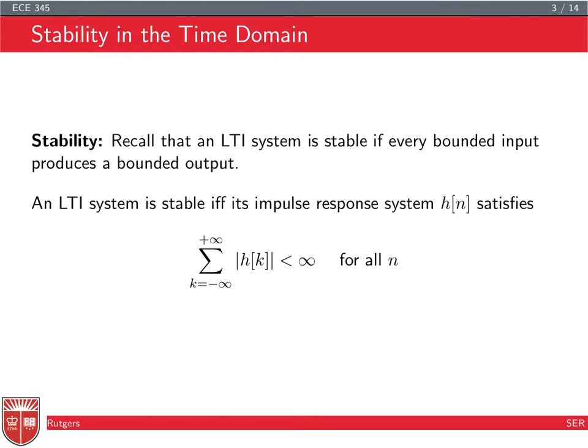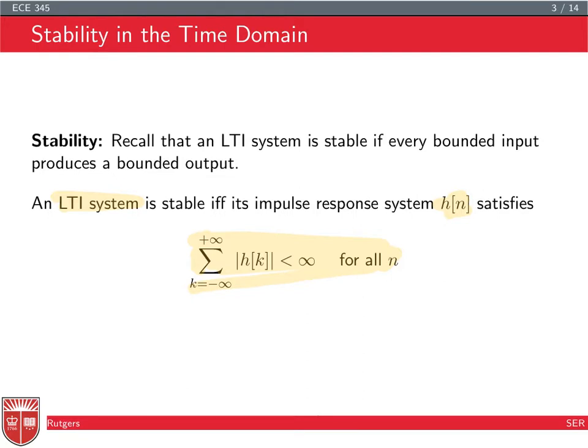Now, in terms of how we can transform this into a mathematical condition, I hope you remember this property: an LTI system with impulse response h of n is stable if and only if it satisfies the following property, that the sum of the absolute value of h of k is bounded.